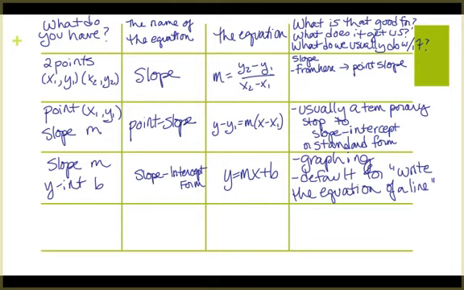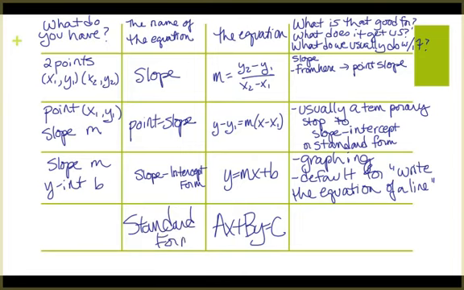So standard form is a little different. I'm going to kind of go about this in a different way. This is standard form, and you can see it just doesn't match up with the rest. The rest all kind of go together. And standard form is like off by itself. What do we need to write standard form if they didn't give us standard form? Well, we need slope-intercept form.